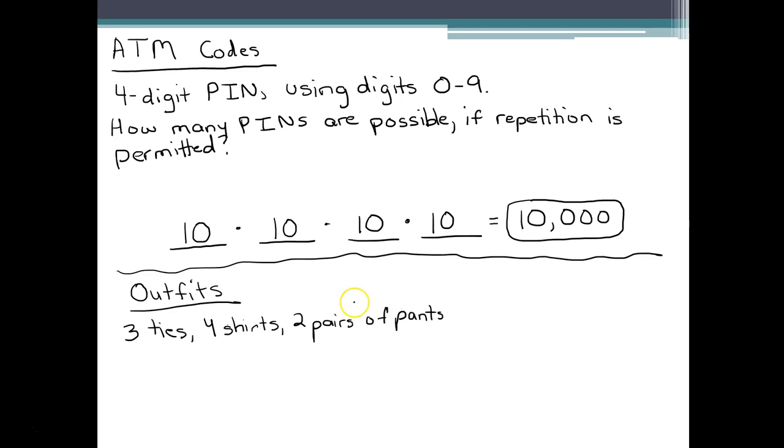You have to pick one of each. How many different outfits are possible?